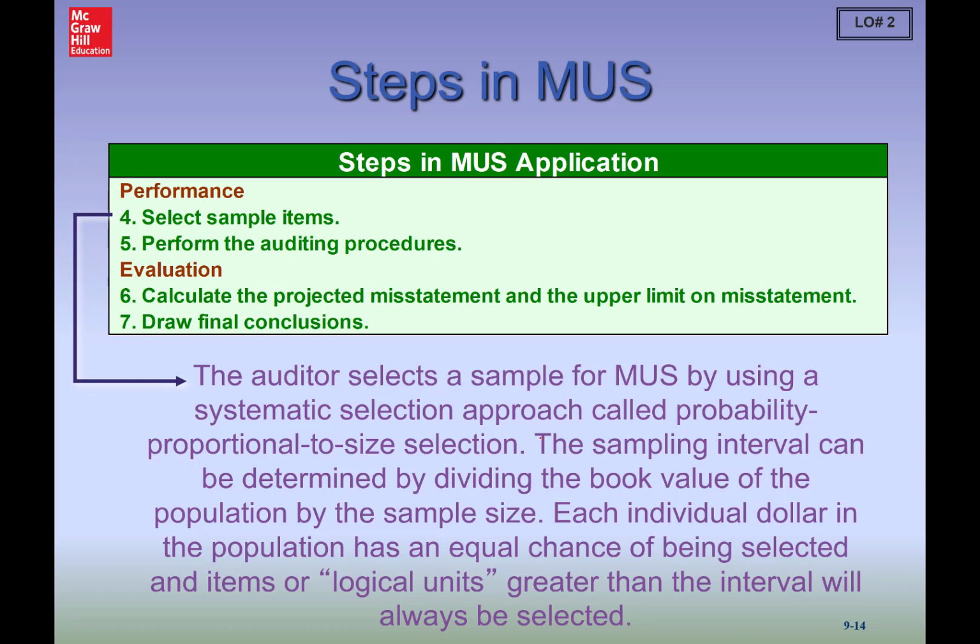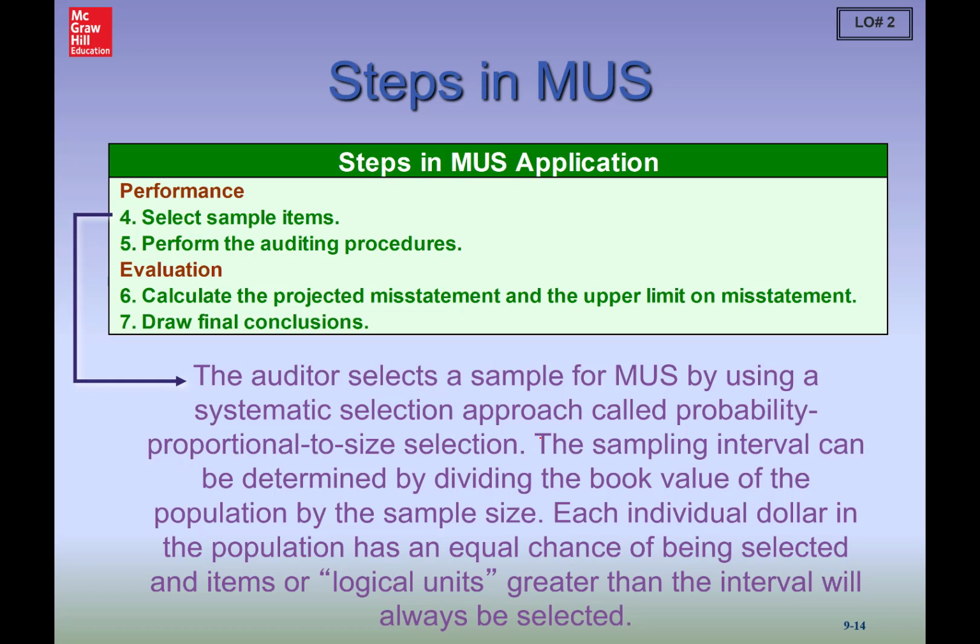We find our sampling interval by dividing the book value of the population by the sample size. And sample size is going to be affected by those different items that we just talked about, right? We have a sample size, we divide the book value by that, and that becomes a sampling interval, right?